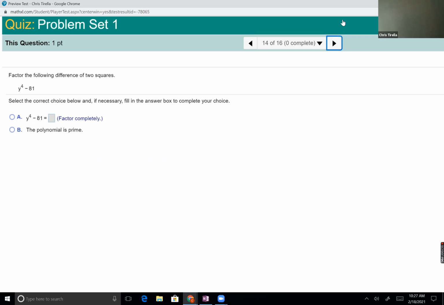Can you remember the name of the property that tells me if I'm multiplying, the order does not matter? The commutative property. So the commutative property of multiplication says it doesn't matter as long as it's multiplication. Okay, just making sure.